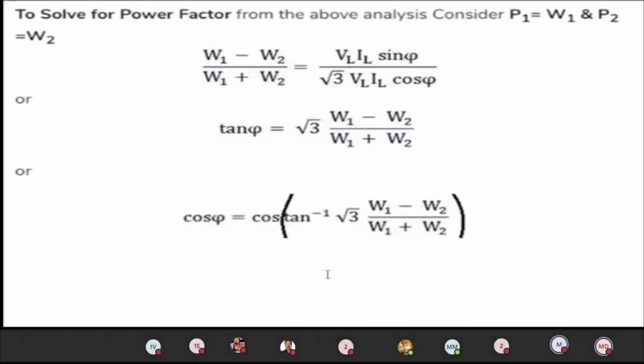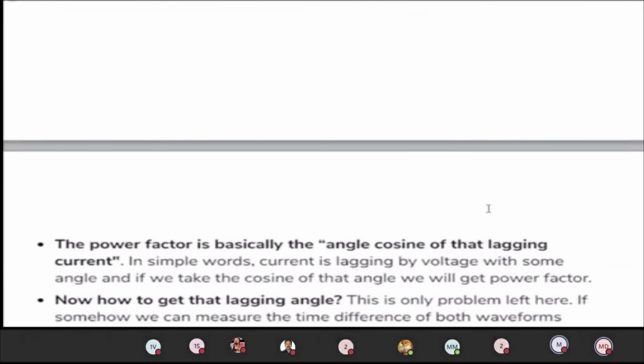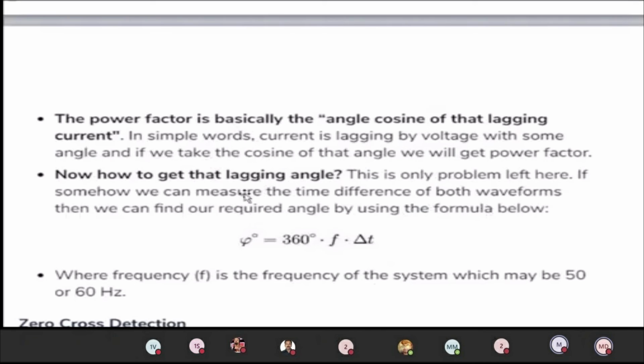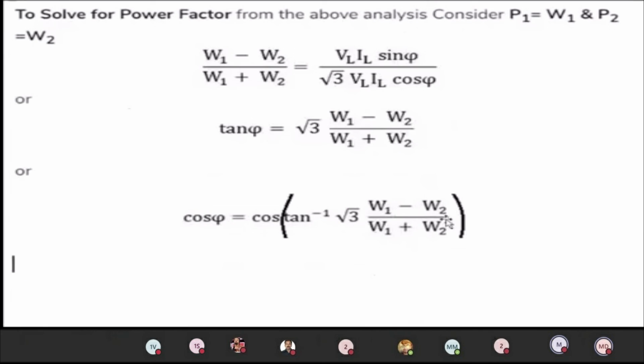So you can take phi as tan inverse of root 3 into (W1 minus W2) divided by (W1 plus W2). Substituting in place of phi, we have cos phi is equal to cos of tan inverse of root 3 (W1 minus W2) divided by (W1 plus W2). Okay, with these basic formulas, you can calculate the power consumed by the circuit using the two wattmeter method.